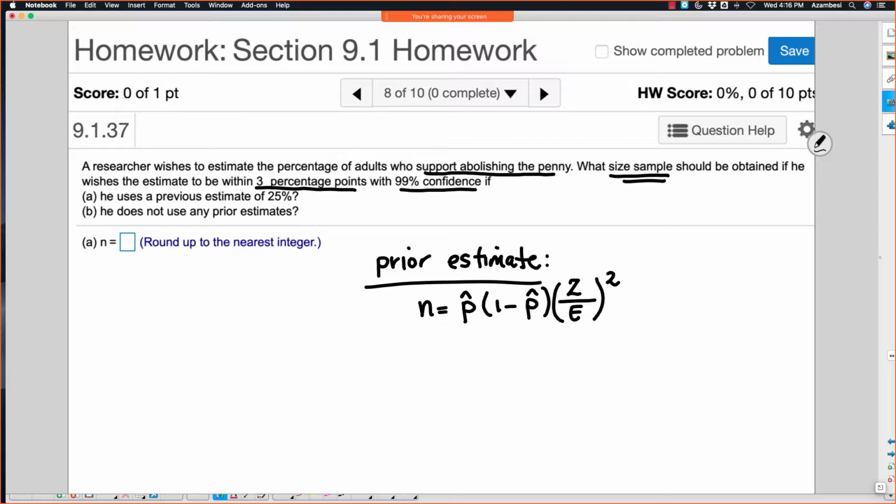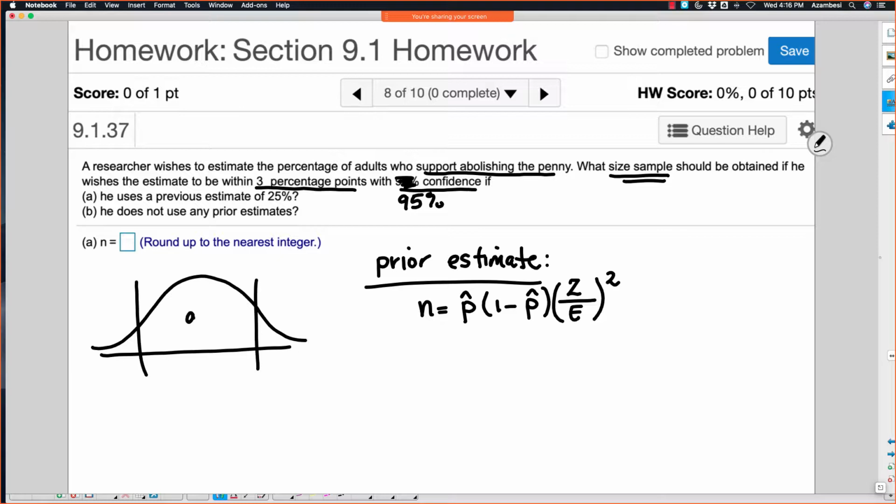So in this case, when you are trying to do a sample size, you do have to get that value of z first. So I'm going to change this to like 95% so that we're not looking for the same value of z. But if I'm looking for a 95%, then that's 95% in the middle.